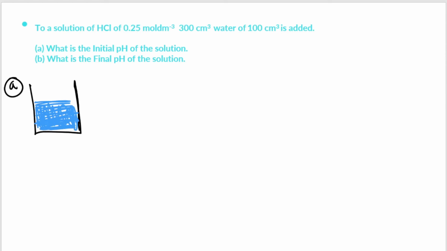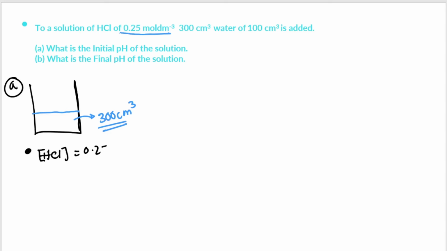And now they're asking us to find the initial pH. At first, there was 300 centimeter cube of solution of a concentration of 0.25 moles per dm cube. So let's find its initial pH. So step 1, we know that the concentration of HCl is 0.25 moles per dm cube.